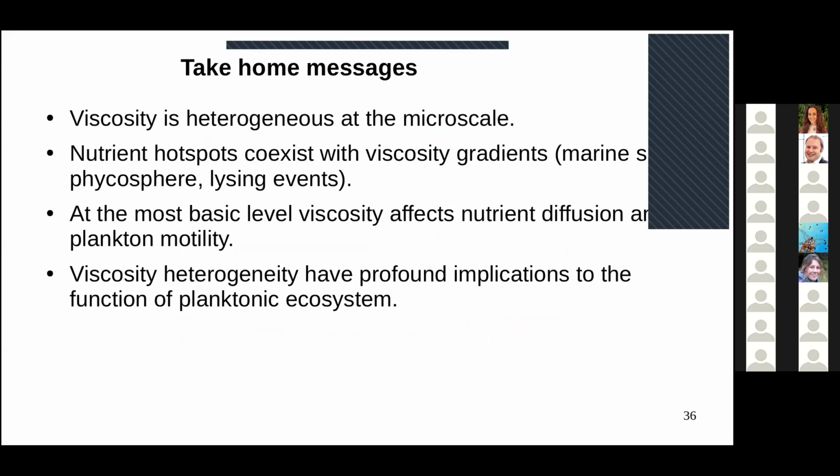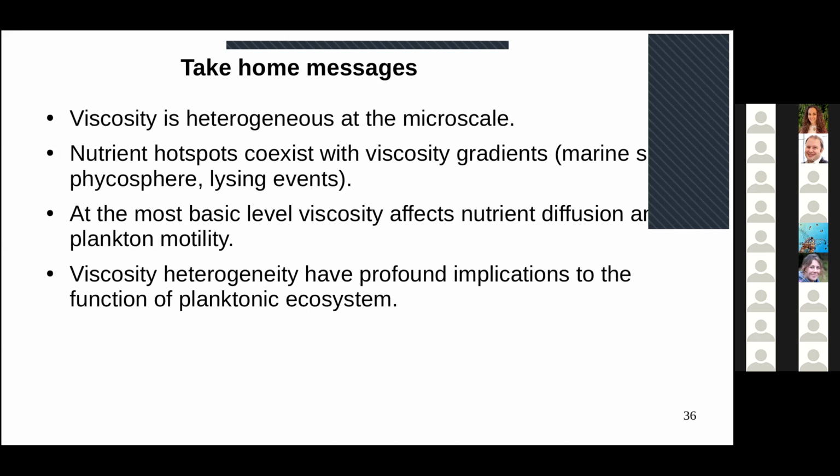To start finishing things, if you have to take home any messages here, I guess it would be that viscosity is heterogeneous at the microscale, and we have proved this, and that nutrient hotspots should always coexist with viscosity gradients, because basically they are organic nutrients that are adding some properties to the physical properties of the seawater.